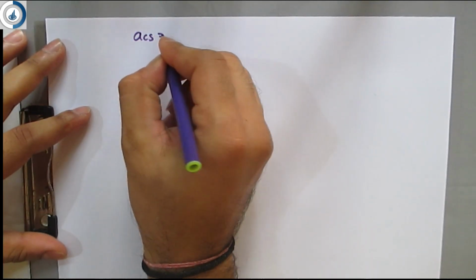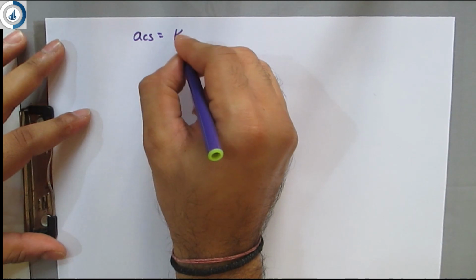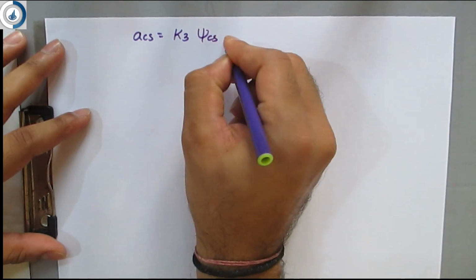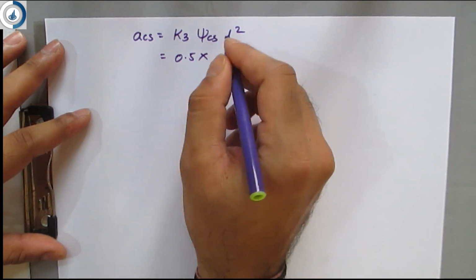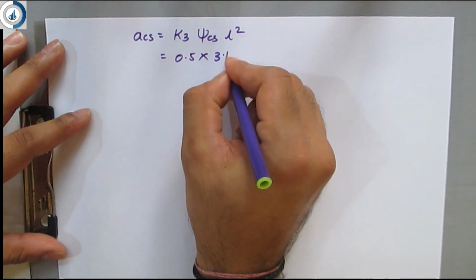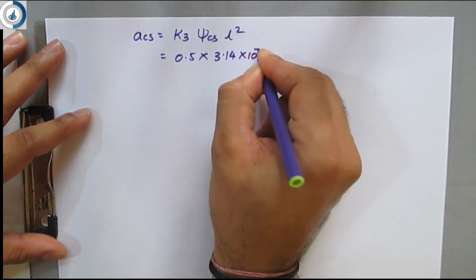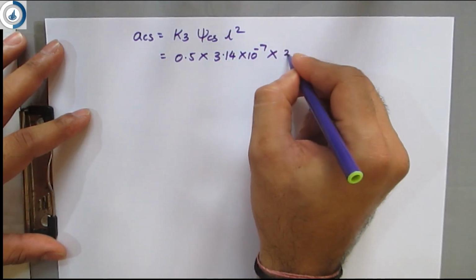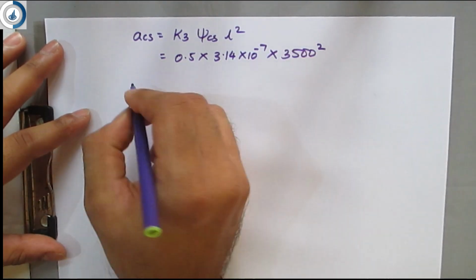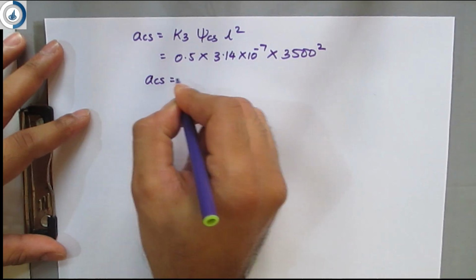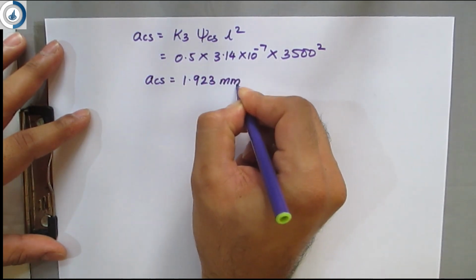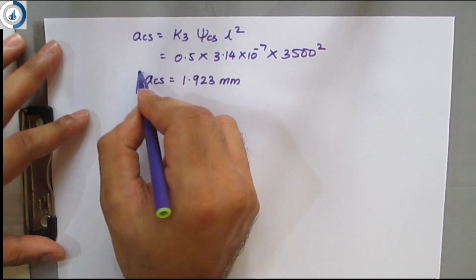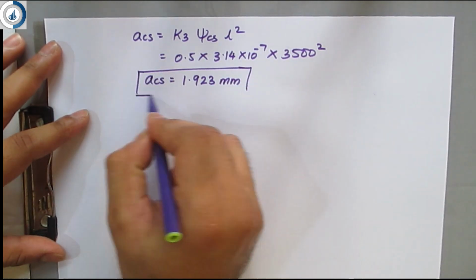ACS is equal to K3 psi CS L square. K3 is 0.5 for the cantilever case. Psi CS we have calculated, that is 3.14 into 10 raised to minus 7. L is 3500 square. So ACS you will be getting as 1.923 mm. So this is the deflection due to shrinkage.